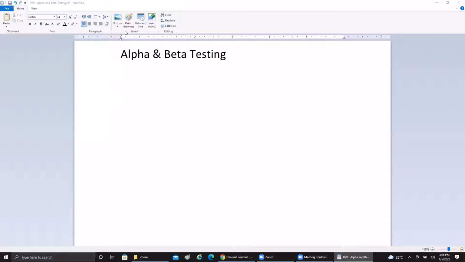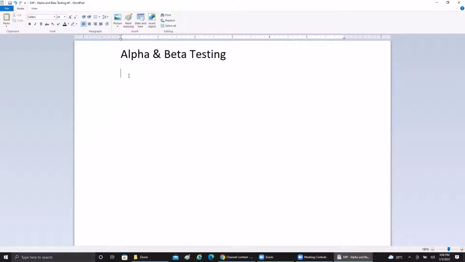Say for example, you have an application which is being developed. Before you reveal it or give it to the outside public to use for real usage, the testing will be done at the developer side or the testing environment. So that is called alpha testing.